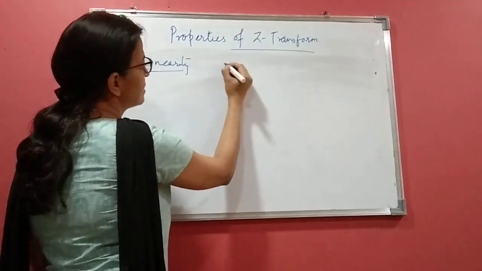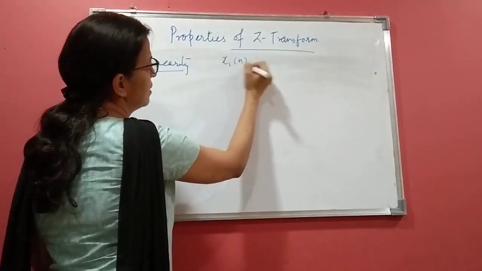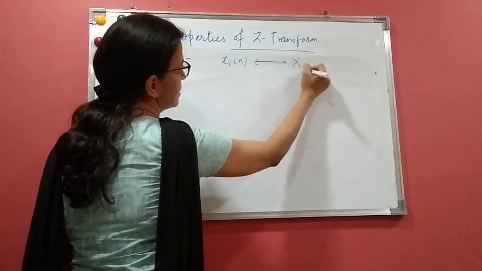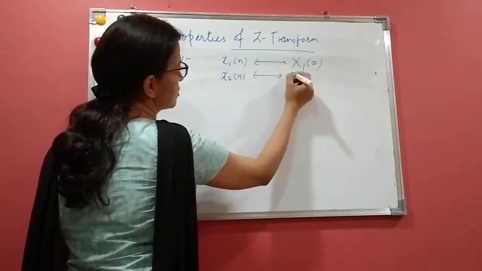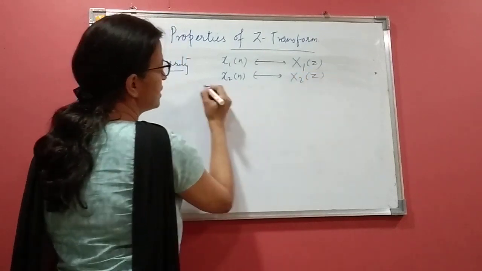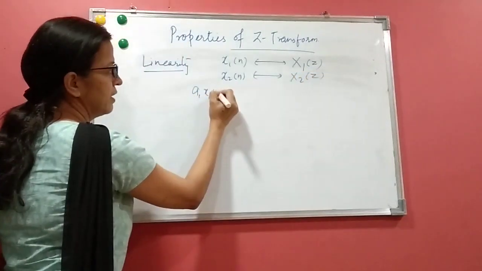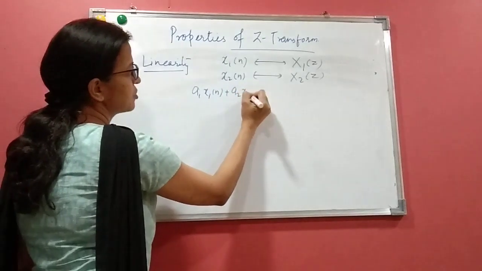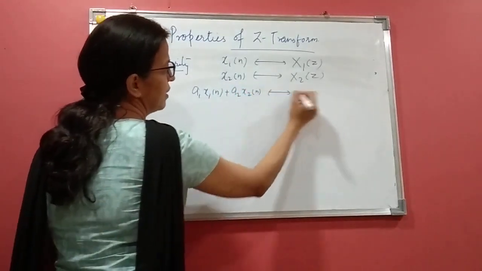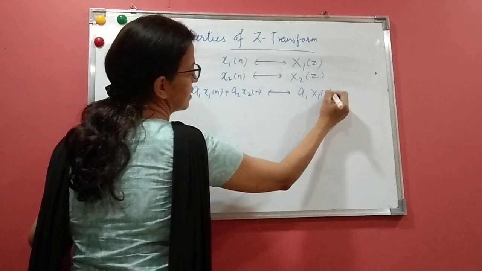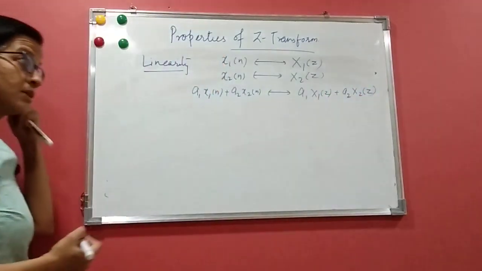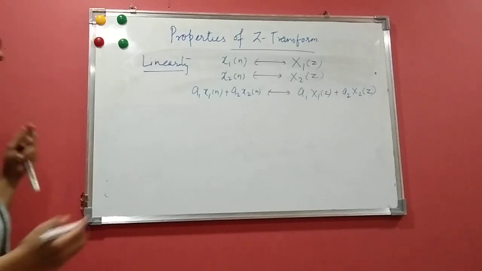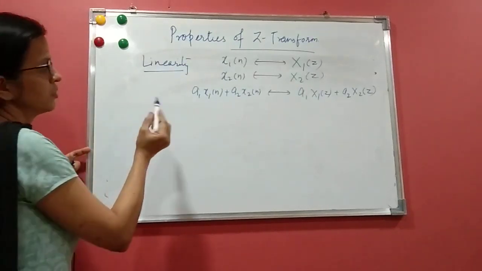Linearity says that if x1(n) has Z transform X1(z), and x2(n) has Z transform X2(z), then the Z transform of a1 x1(n) plus a2 x2(n) will be a1 X1(z) plus a2 X2(z). This is the linearity property, which satisfies the superposition principle. So we'll prove this now.